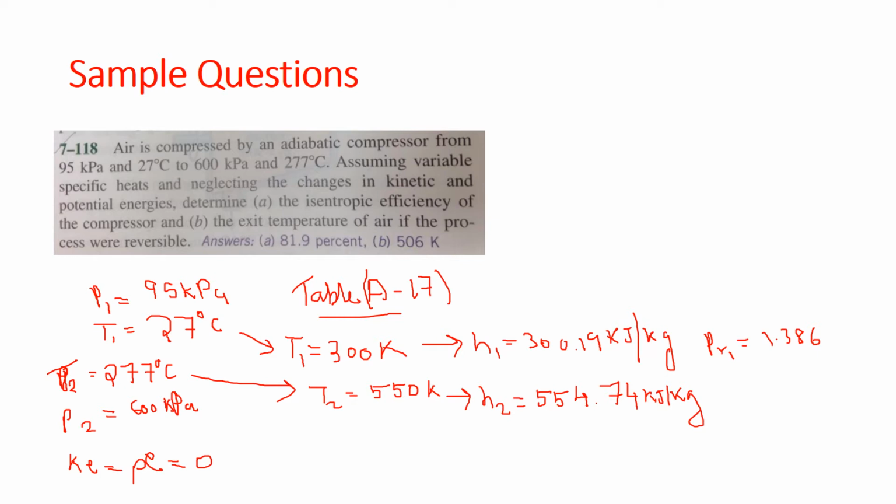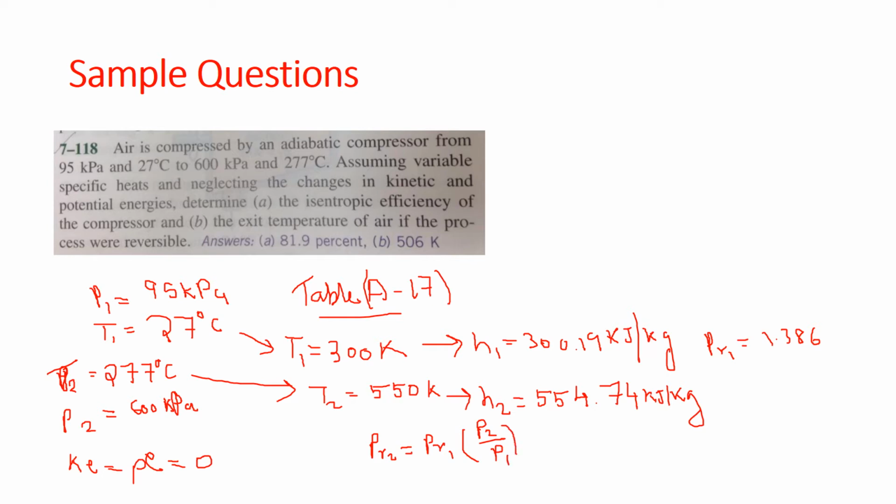For isentropic compression, the enthalpy of air at the end of the process is determined using one of the isentropic relations of ideal gas. Since we have an ideal gas, we can use this relation: Pr2 is equal to Pr1 multiplied by P2 over P1, where P2 is the actual pressure.